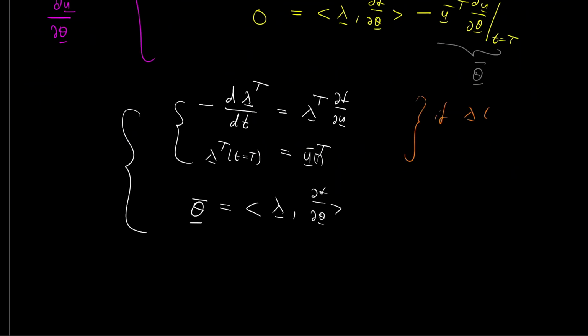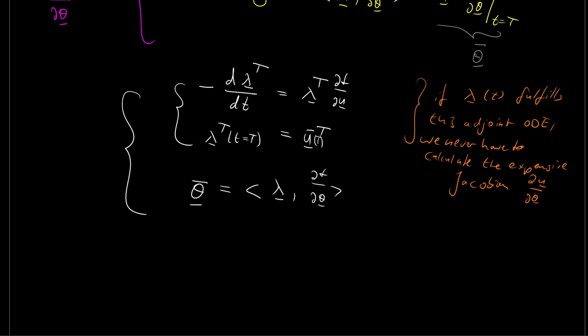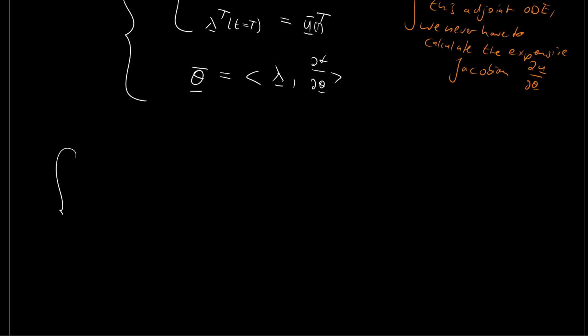So let me write this down. If lambda of t fulfills this adjoint ODE, we never have to calculate the expensive Jacobian, so let's also call it like this, the expensive Jacobian, and this Jacobian was du with respect to d theta. And we can also apply the transposition to both sides of the equation here to make that look a little bit nicer. So essentially what we will get is again our two-stage process.